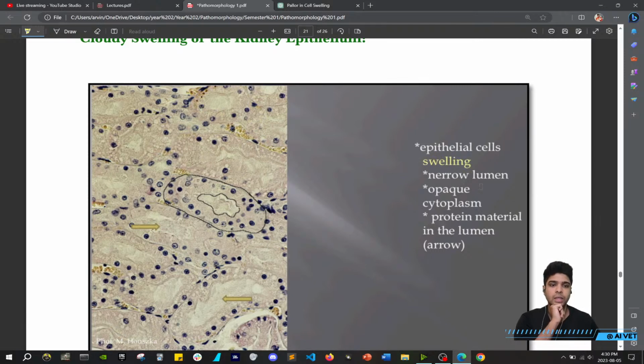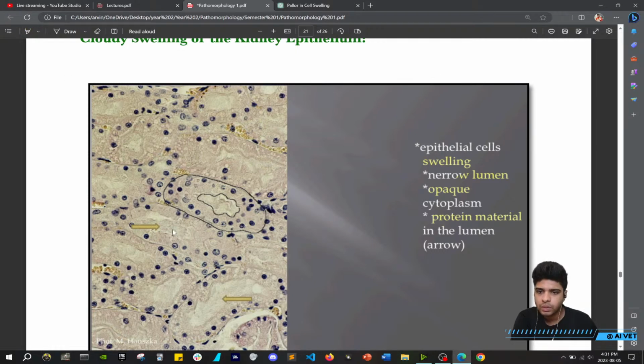Epithelial cell swelling, narrow lumen, opaque cytoplasm, protein material in the lumen. So these are the protein materials.